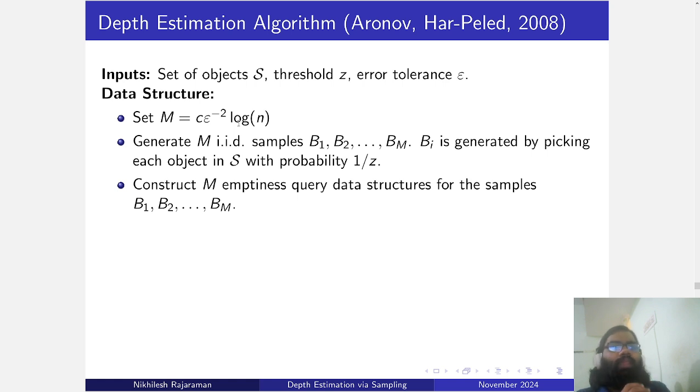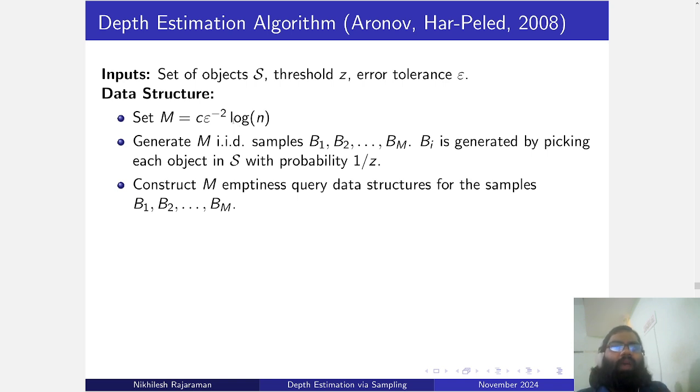Essentially, for a fixed epsilon, the sample size that we're using only grows logarithmically with n. We'll show later when we analyze this algorithm that setting m to be this large is good enough for us. And because this is logarithmic growth, this helps to cut down on the amount of space that we need for this data structure.